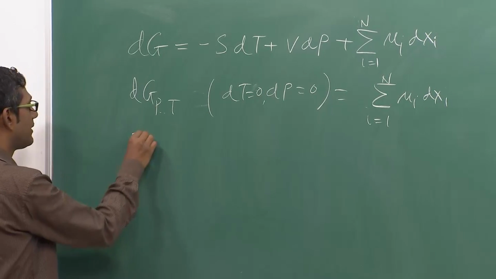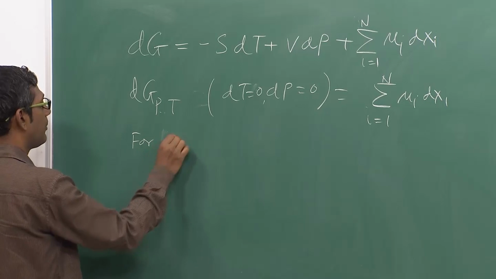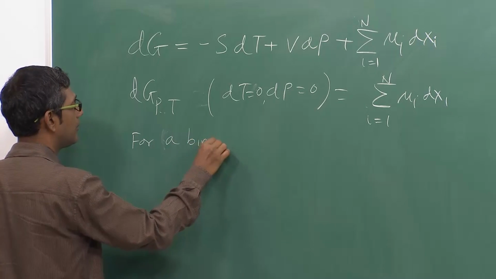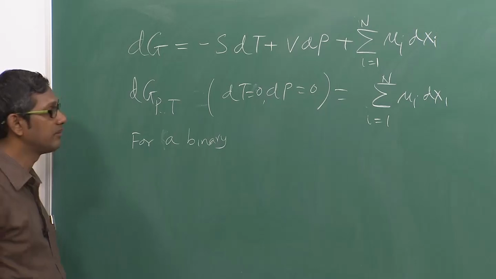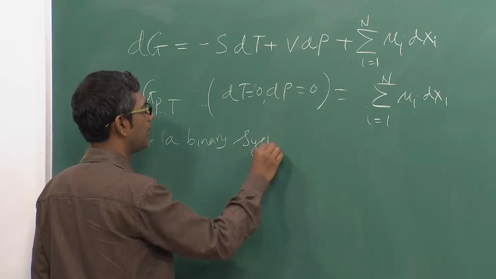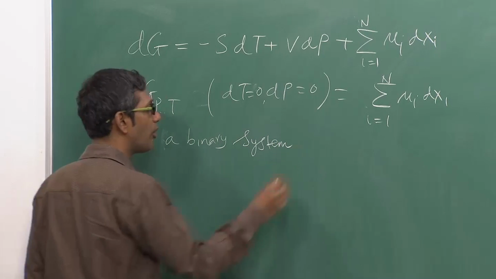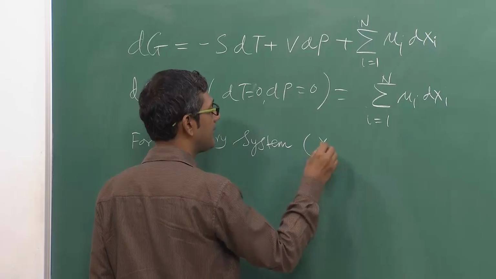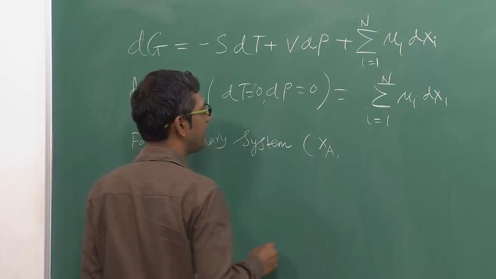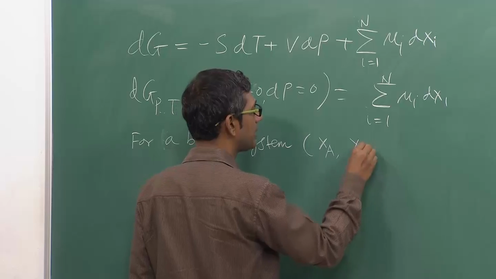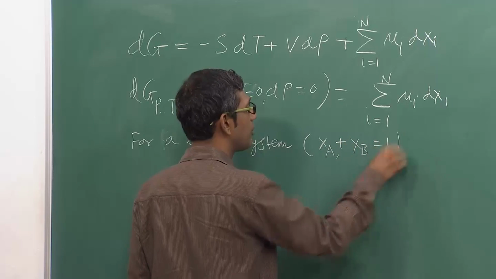So for a binary system we can write it down very simply. A binary system will have two components. Let us suppose it has mole fraction of A as xa and mole fraction of B as xb, so therefore xa plus xb is equal to 1.